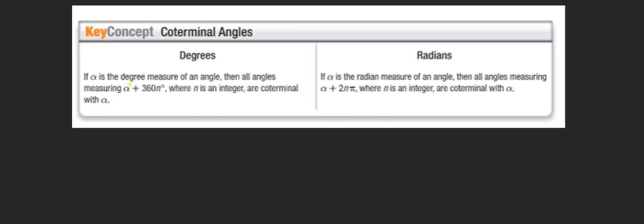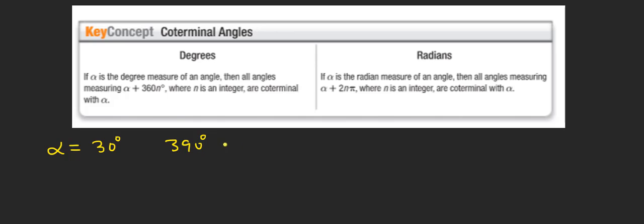So if alpha is the degree measure of an angle, then all angles measuring alpha plus 360 times n, where n is an integer, are coterminal with alpha. So for example, let's say alpha is 30 degrees. To get another coterminal angle, you could keep adding 360. So 30 plus 360 is going to be 390. 30 and 390 are coterminal angles.